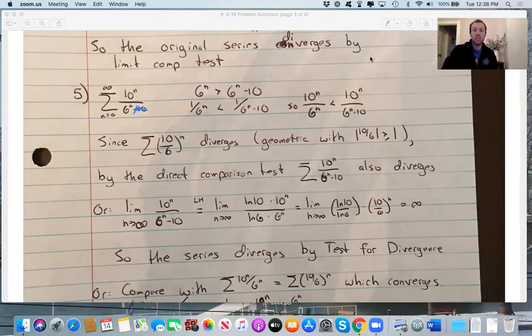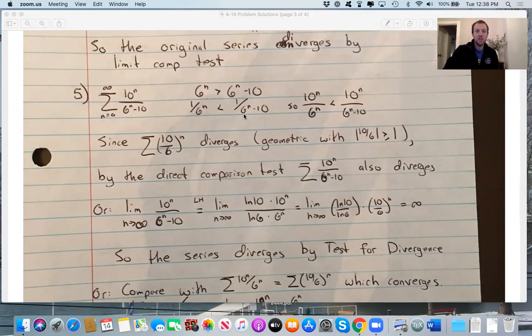So one way we can get that comparison is to say, okay, the bottom is 6 to the n minus 10. That's smaller than if it was just 6 to the n. If we flip both sides of this, so take the reciprocal, that changes the direction of the inequality. So 1 over 6 to the n is less than 1 over 6 to the n minus 10.